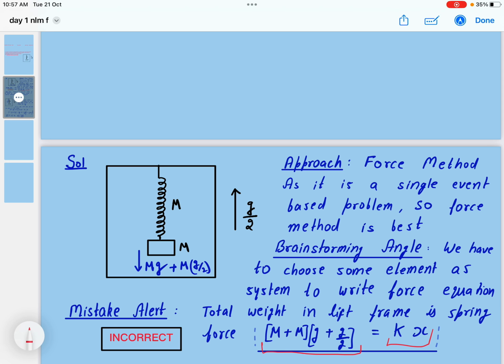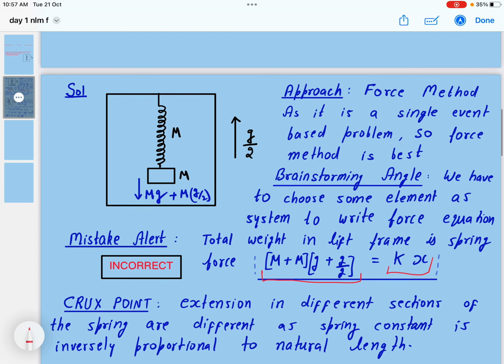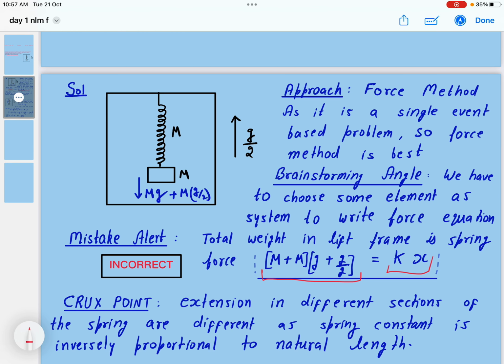Because the crux point of this problem is that extension in different sections of the spring is different, as spring constant is inversely proportional to natural length. In this spring, because of the spring force, different sections of the spring experience different force. Usually in our questions, springs are massless, which means at every point the force is the same.